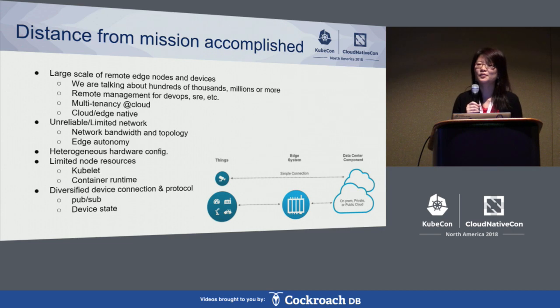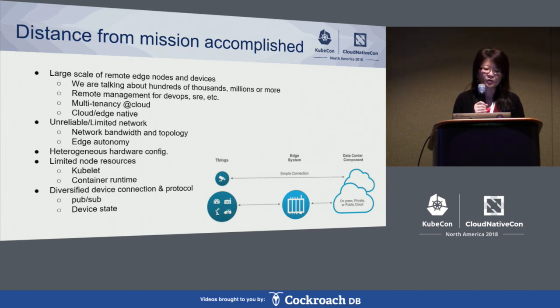The other difference for edge computing versus cloud is the heterogeneous hardware, right? It can range from a 108 meg, one core CPU Raspberry Pi to multi-core, multi-gig memory servers. We are talking about such a large landscape.